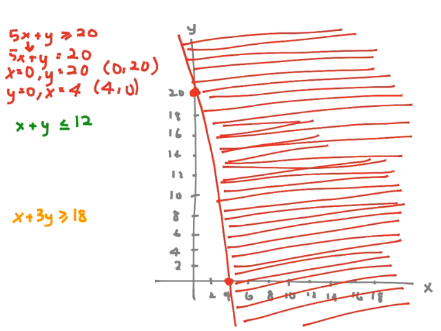Alright, that is the first inequality. Let us go with the second inequality, which is x plus y less than or equal to 12. Again, we want to come up with 2 points so that we can draw the line for this inequality. So we need to change this into an equation: x plus y equals 12.